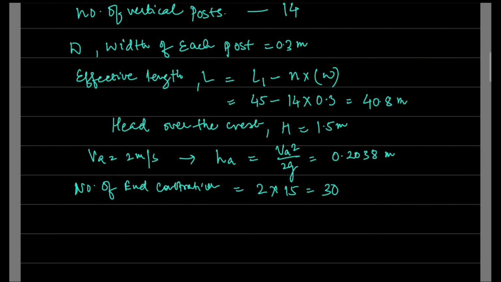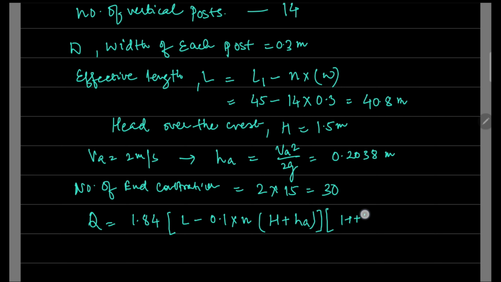Using the Francis formula for estimation of Q, Q is equal to 1.84 multiplied by L minus 0.1 multiplied by N multiplied by bracket H plus HA raised to the power 3 by 2 minus HA raised to the power 3 by 2.